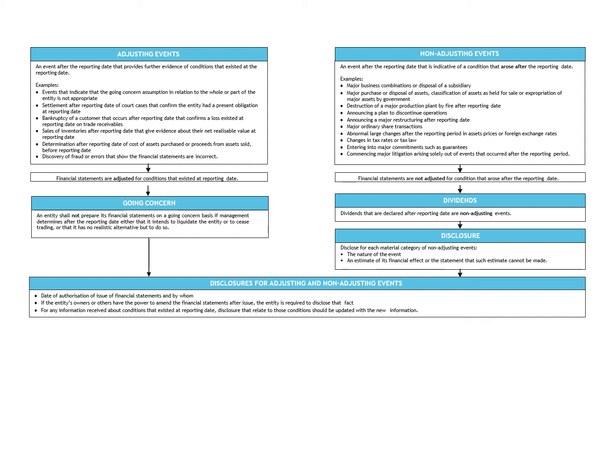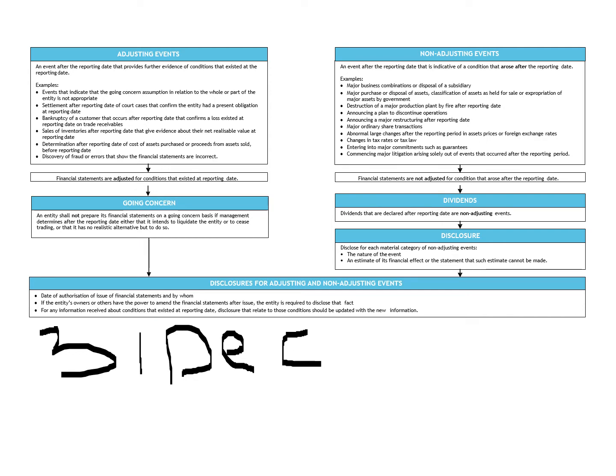So usually companies close their books on 31 December. So this is the year end. Following the year end, you'll have auditors who will be coming and will be checking your accounts till the date your report will be signed actually.